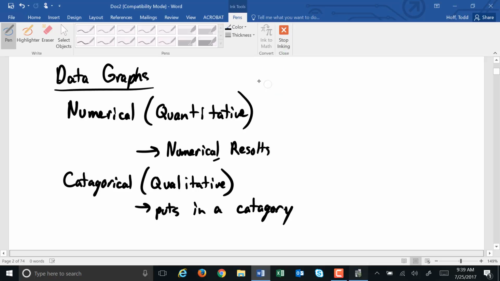An example of a numerical thing would be age. We gather the ages of all our students and then graph the ages to display the ages. That's numerical. Categorical might be favorite color, or what program, what major are you in? Are you business, trade and technical, liberal arts? What programs are you in? So that puts you into a category.